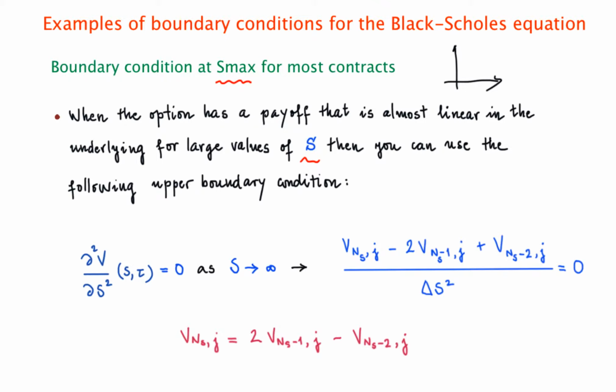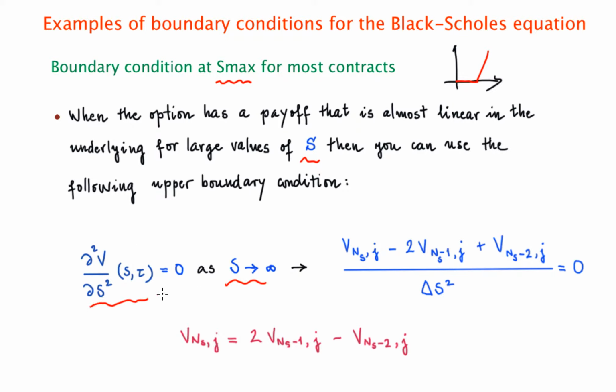Remember, it is 0 up to the strike price, and then it goes linear. So for very large S values, the second order derivative of the value of the option with respect to the asset, evaluated at very large S at any time, is 0.